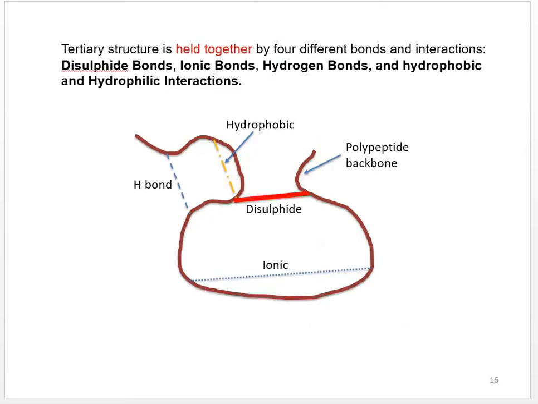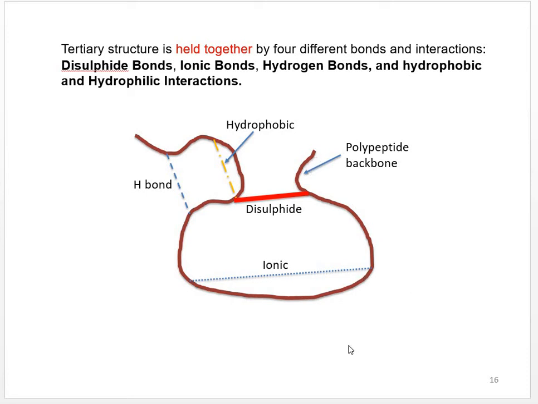Okay, the tertiary structure is held by several bonds and interactions. For instance, the disulfide here, hydrogen bond there, hydrophobic bond there, and then ionic interactions. Because they are folded, they need something to hold them together, like a rope, to make them stable.